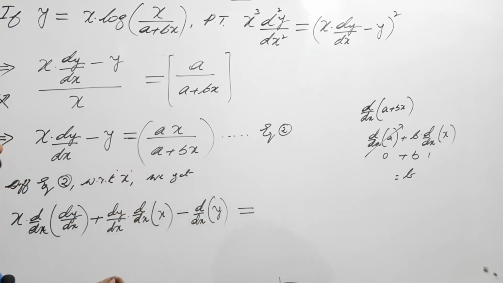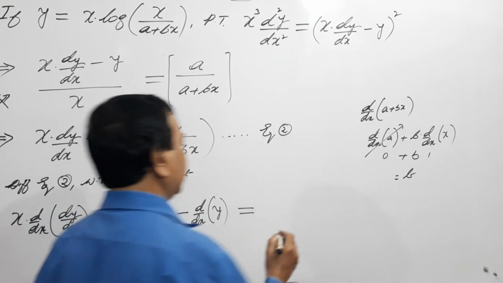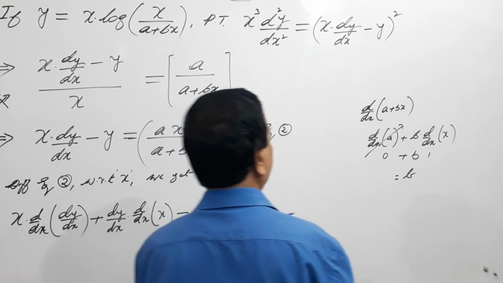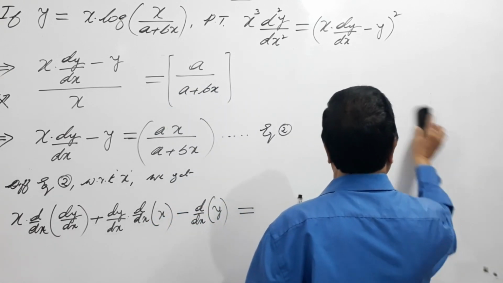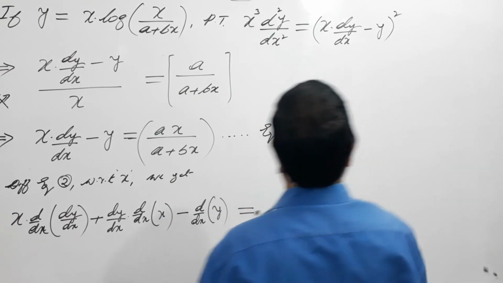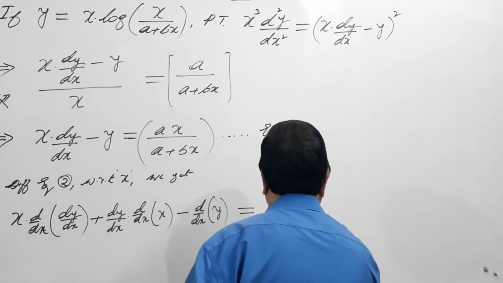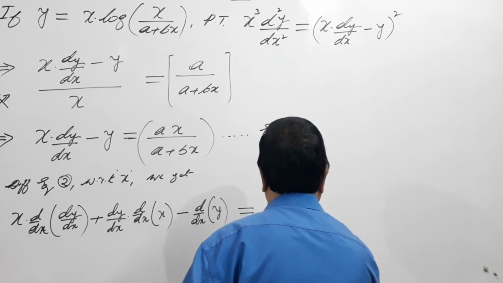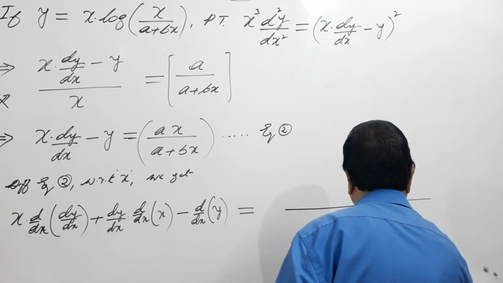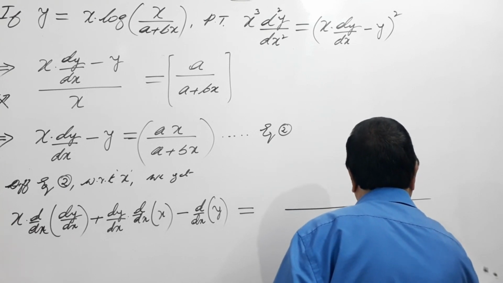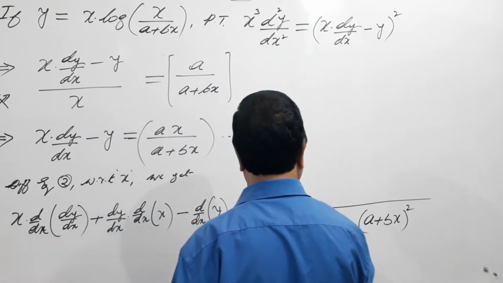Now we will come to the right hand side. On the right hand side we will use the quotient rule. So I use a plus bx the whole square in the denominator.